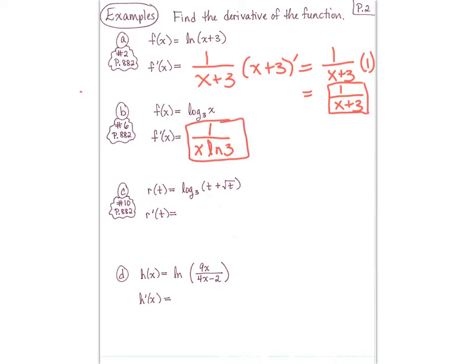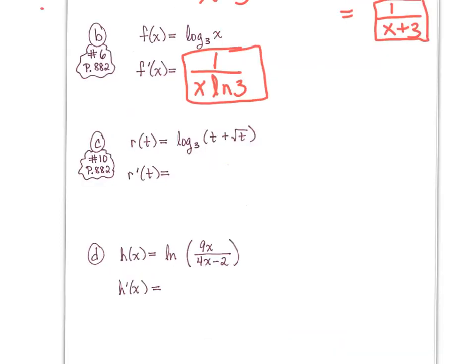Now, here in part C, we have r of t is equal to the log of t plus the square root of t base 3. And we want to find r prime of t. To take this derivative, we need to remember rule 4 from page 1.